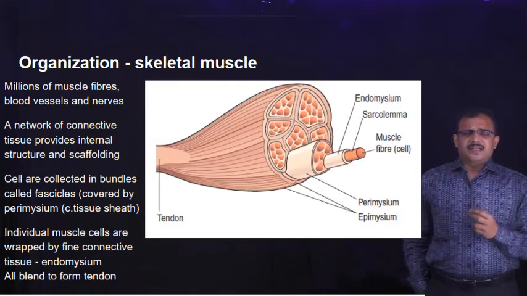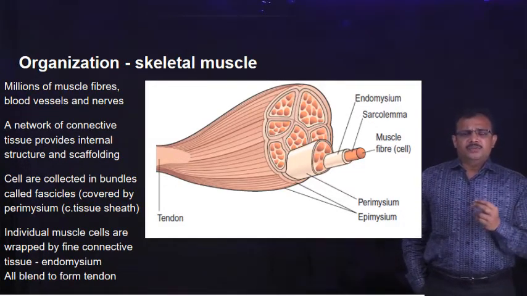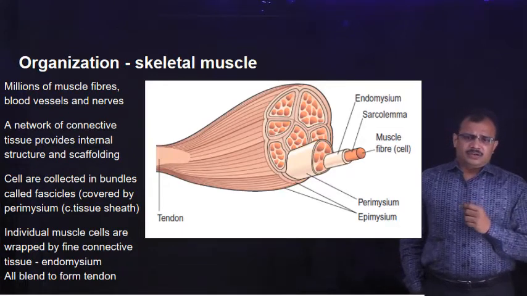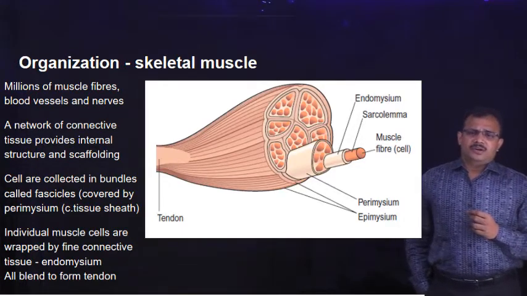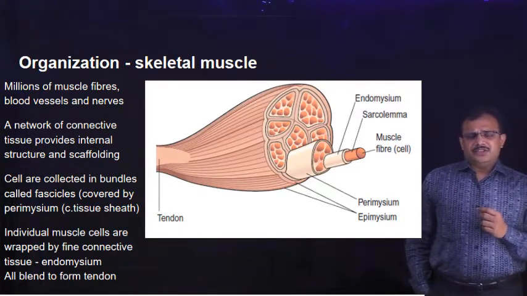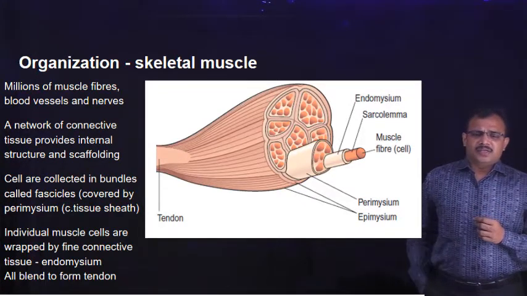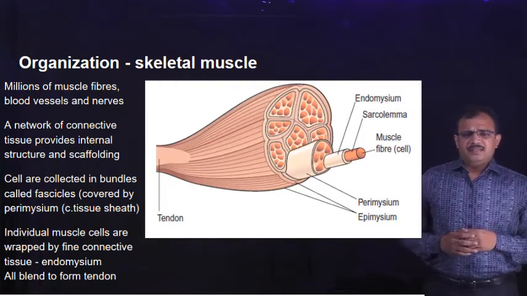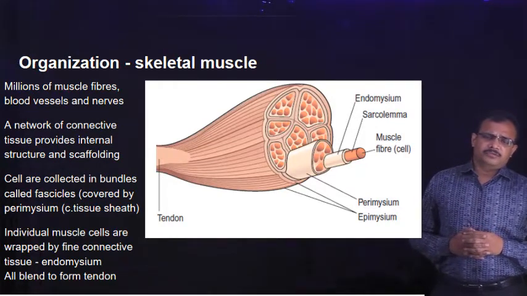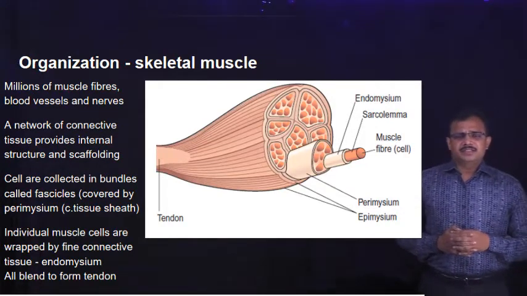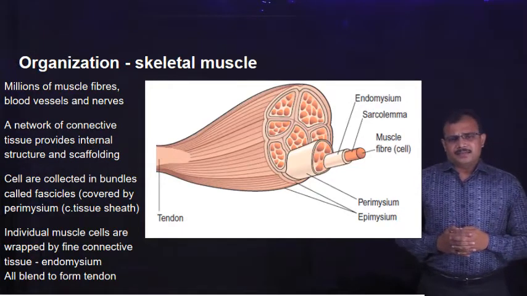The muscles are attached to the bones by this tendon. Generally, the tendons are rope-like structures, whereas in some cases the tendons are flat in nature, such as in the occipitofrontalis muscle, which is seen on the skull.